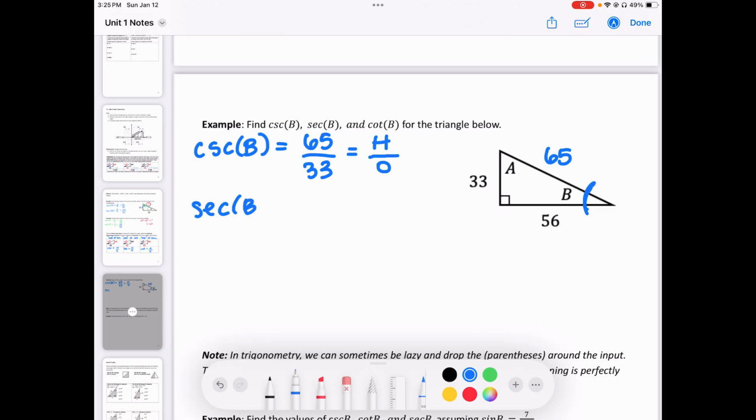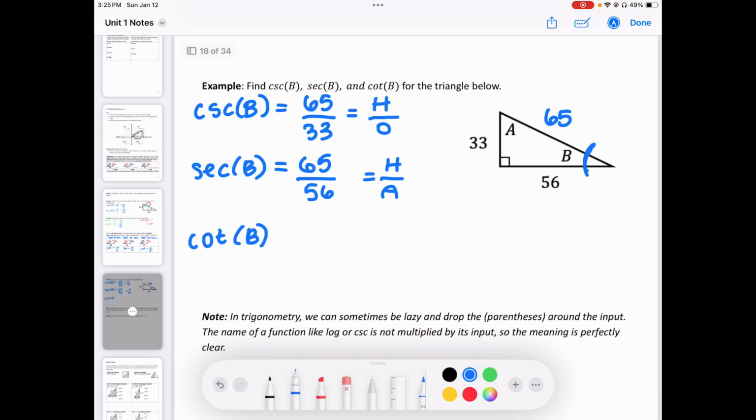Secant of B is the reciprocal of cosine. So we're going to have 65 over 56, which was the adjacent in the denominator. And then cotangent of B is the adjacent side over the opposite side.